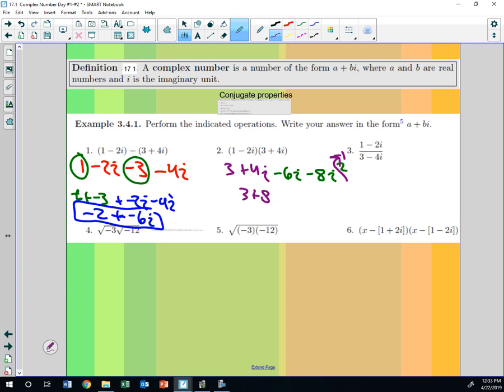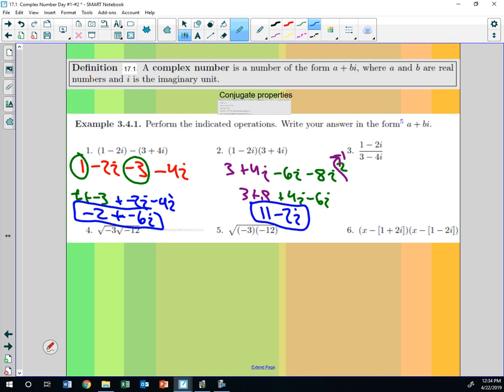And then you're going to have 4i minus 6i. So 3 plus 8 is 11. 4i minus 6i is negative 2i. So it'll be 11 minus 2i. There you go. You just multiplied two complex numbers together.